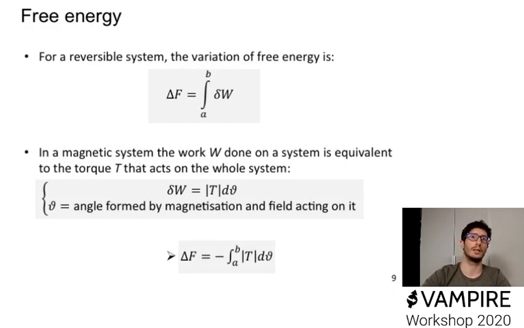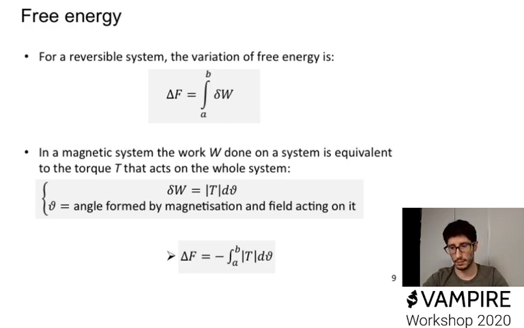So here, this delta F, which ideally will be our anisotropy energy, can be expressed as a function of the work. Actually, it's an integral of the work along the path between point A and B for a reversible system, as it is in our case.